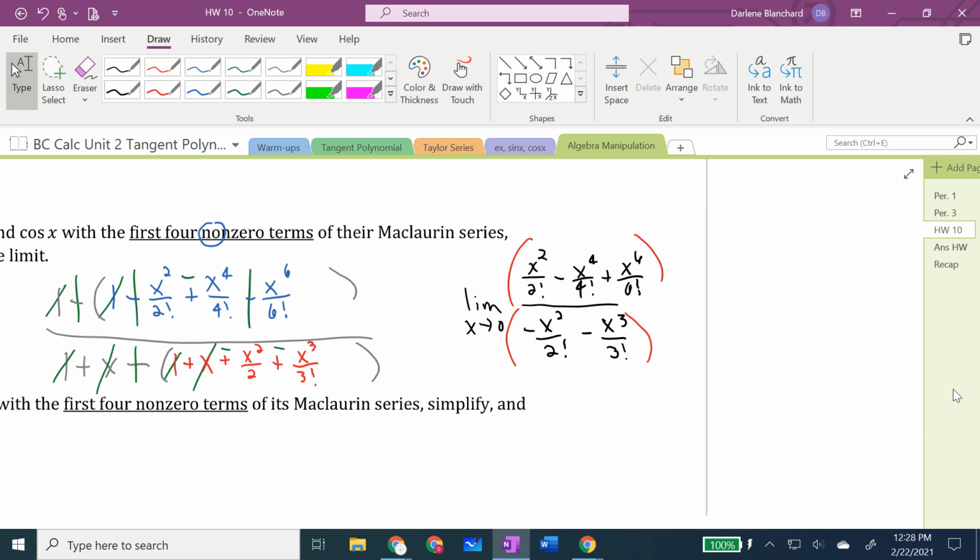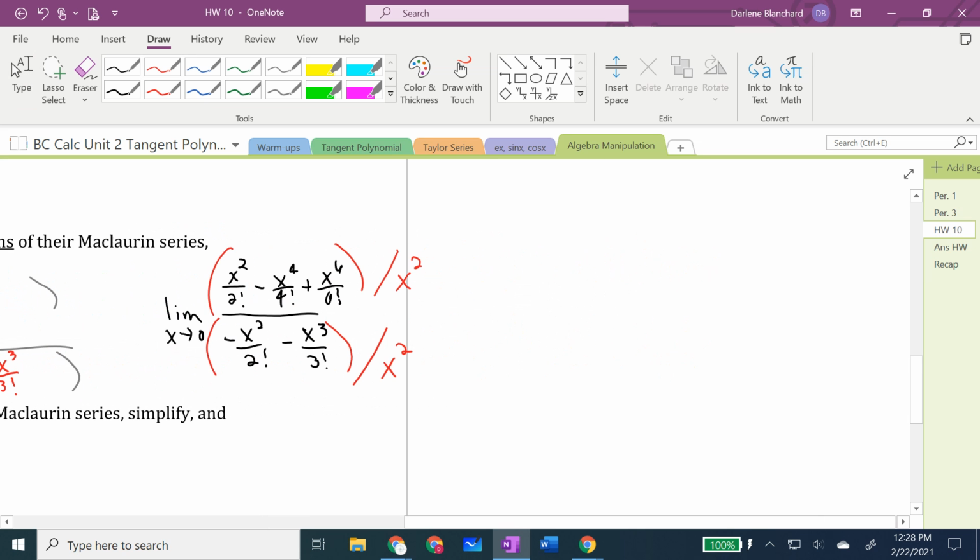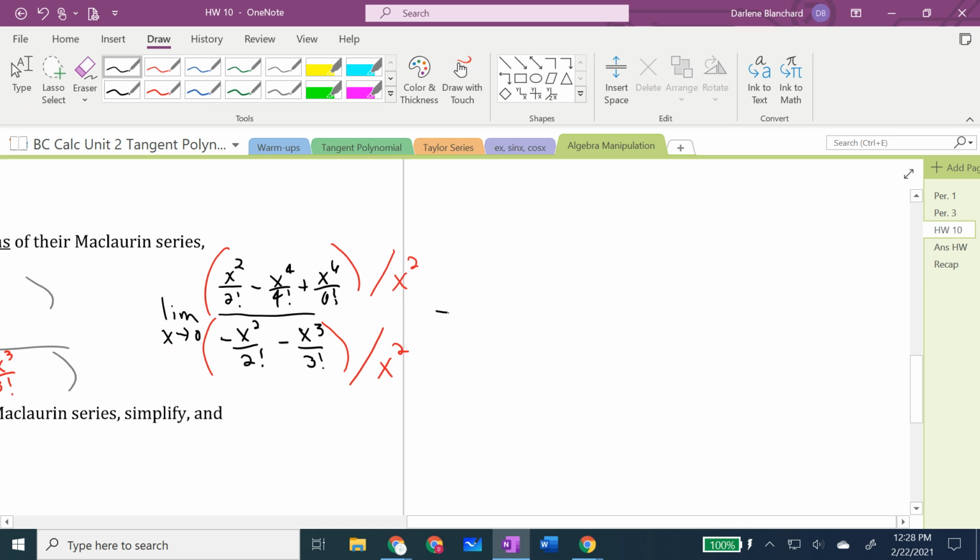So if you divide numerator and denominator by x squared and simplify the algebra, then x squared over 2 factorial divided by x squared, negative x to the 4th over 4 factorial divided by x squared, x to the 6th over 6 factorial divided by x squared.